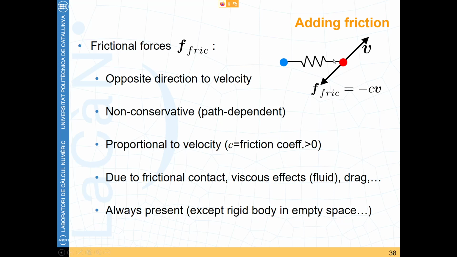You have a body that is moving, and because the body is not in empty space in general, you may have a fluid, and one of the basic interactions of the particle with the fluid is a frictional force in the opposite direction of the velocity, with a given coefficient c and proportional to the velocity.